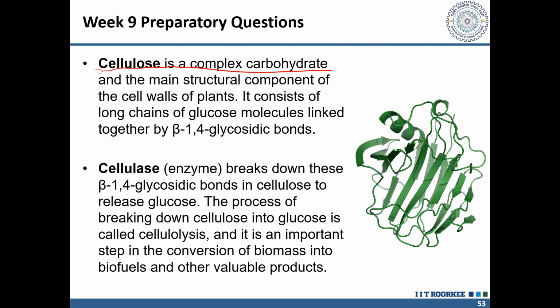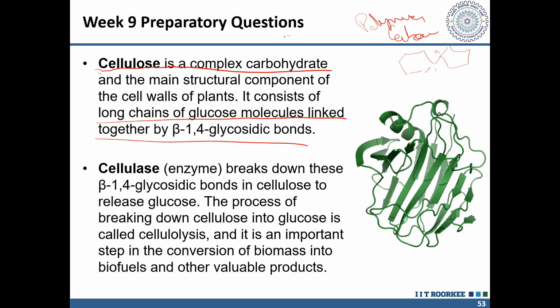So we know what cellulase is. Cellulose is a complex carbohydrate, and it consists of long chain glucose molecules linked together by beta 1,4 glycosidic bonds. These are generally present in polymeric form. To convert the cellulose into biofuel, we need to convert the cellulose into monomer forms.